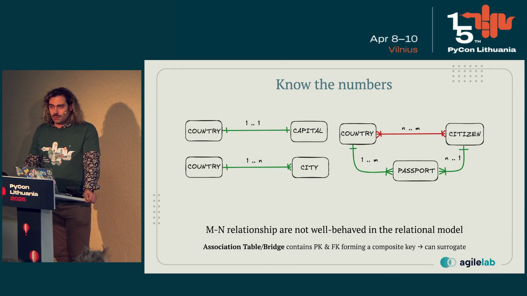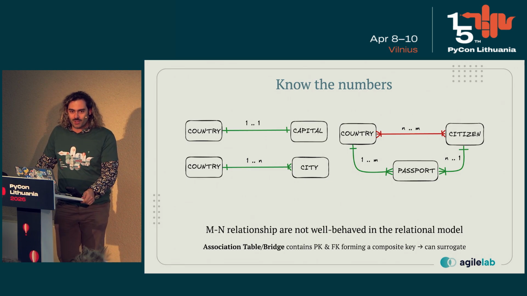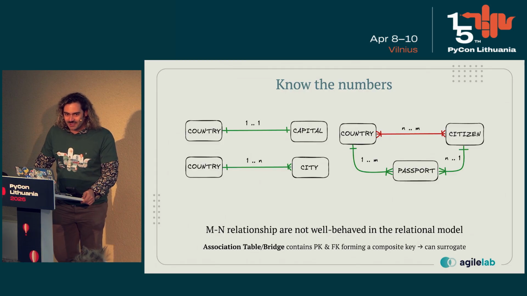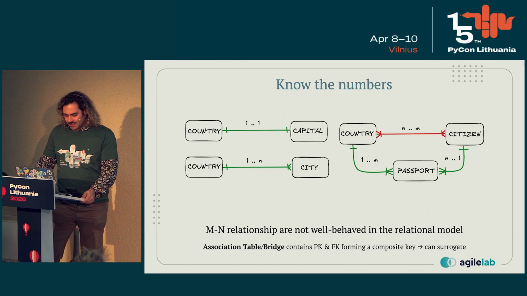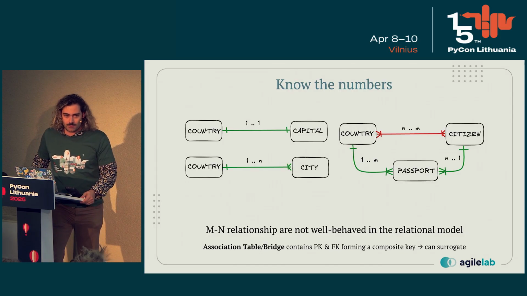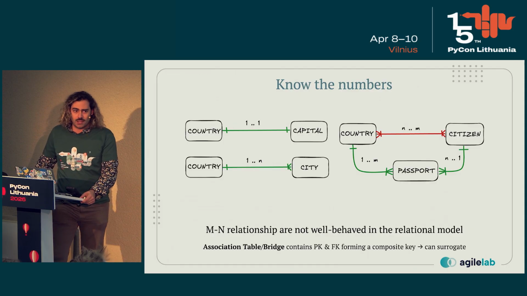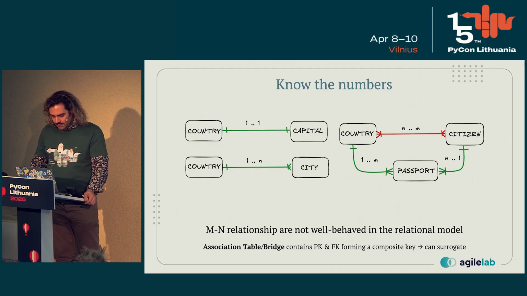So let's get down to the analysis of cardinalities. Some cardinalities are wonderful, like the one-to-one cardinality. When your country has only one capital, then there is no room for ambiguity. Again, one-to-n cardinalities or one-to-many are also okay, in the sense that everything should behave normally, with a few exceptions.